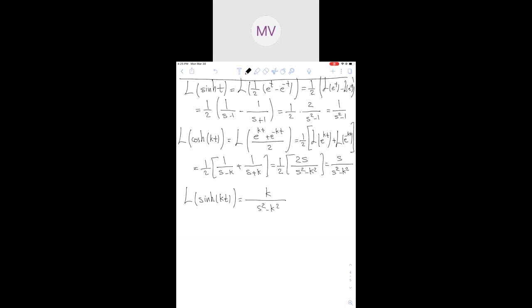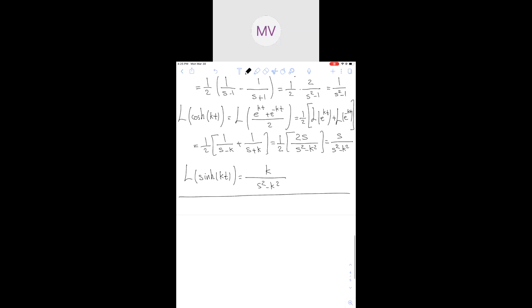And these two are exactly the second and third row from the bottom in that table, sine h of kt and cosine hyperbolic of kt.